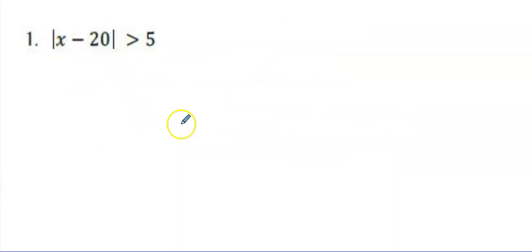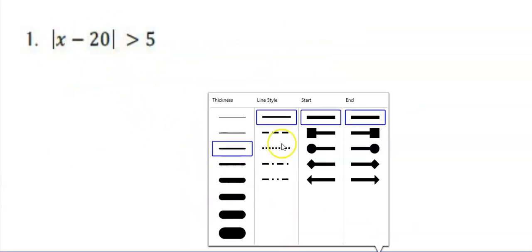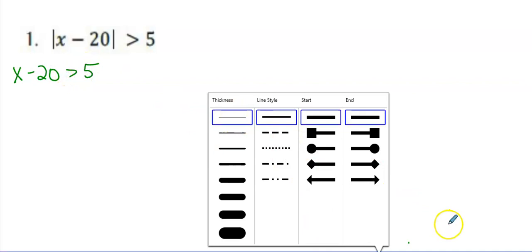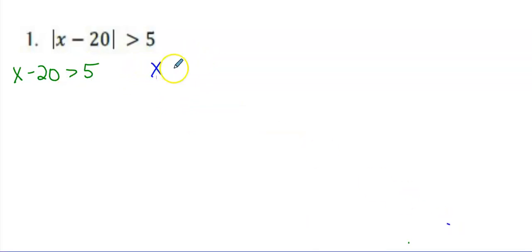Our first example is this one, and we see that the absolute value has already been isolated. So when we do the positive version, we write it exactly like it looks. X minus 20 is greater than 5. When we do the negative version, we write the same thing on the left. The left side doesn't change.